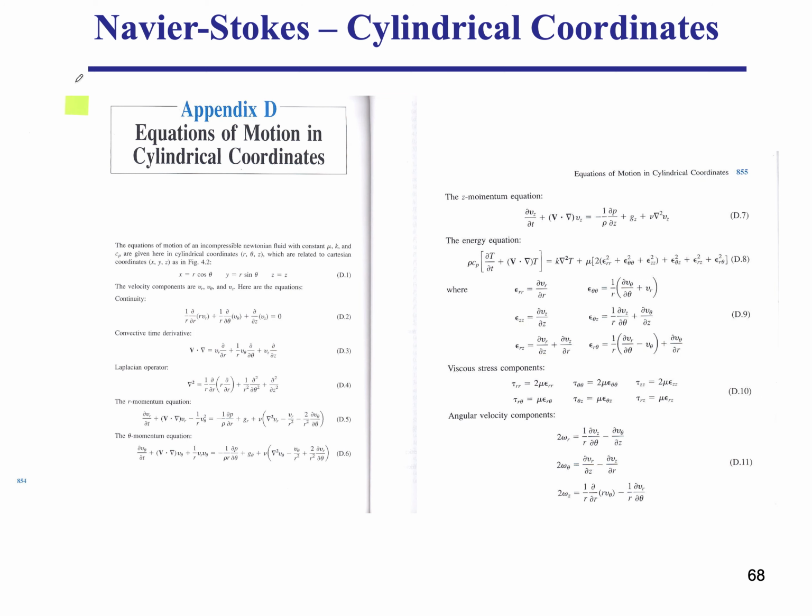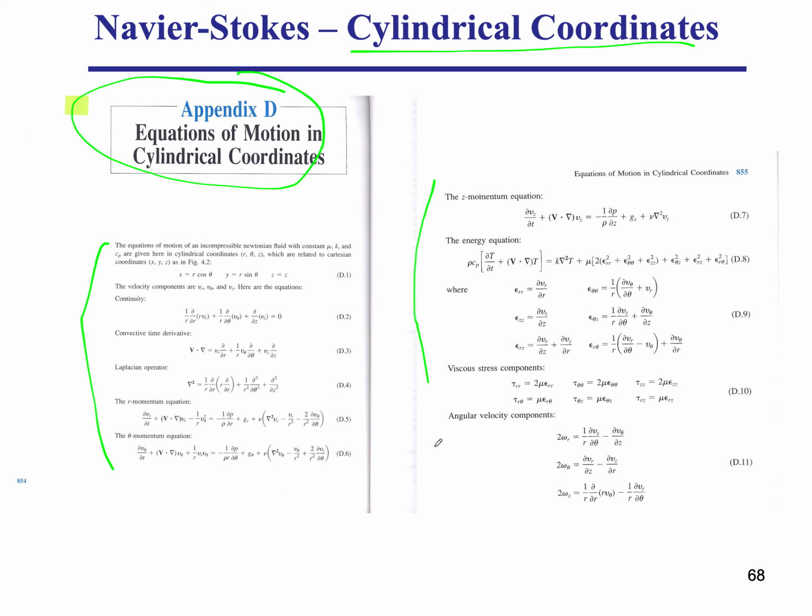But we have derived the Navier-Stokes equation in Cartesian coordinates. We're not going to spend our time deriving it in cylindrical coordinates. What you really need to do is jump to your Appendix D, and it gives you the Navier-Stokes equation in cylindrical coordinates. Albeit it's a little bit not straightforward, because they give you the Laplacian operator here and the convective time derivative.